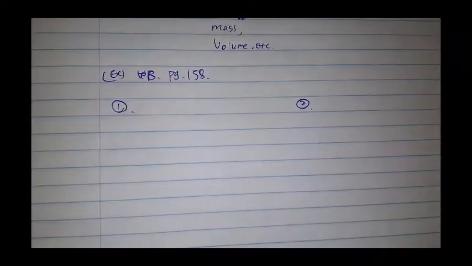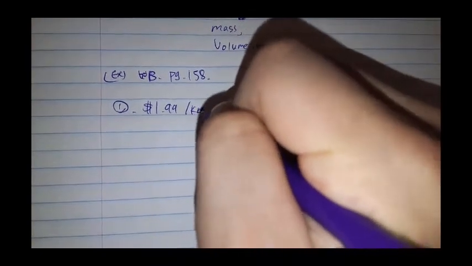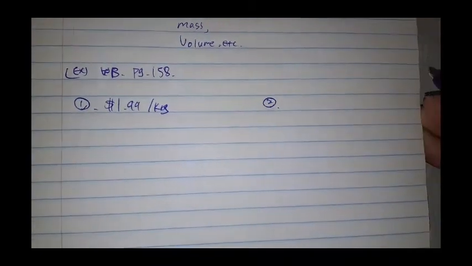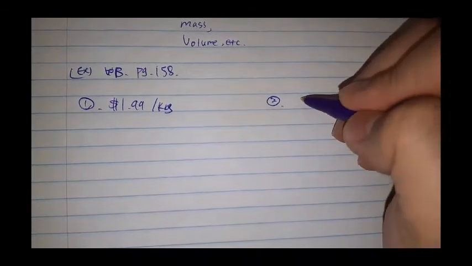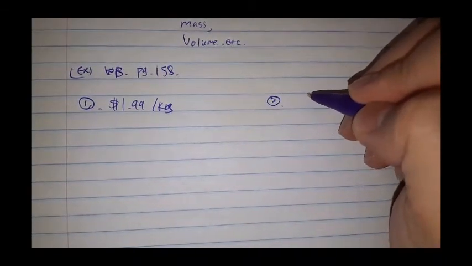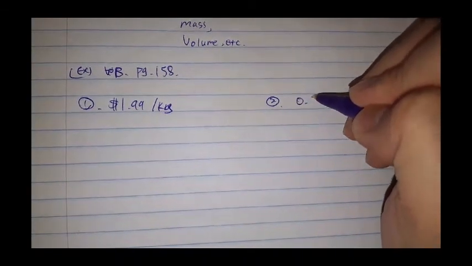So there are basically two different unit prices. One unit price is $1.99 per kilogram. The second unit price is in our imperial system, 59 cents.